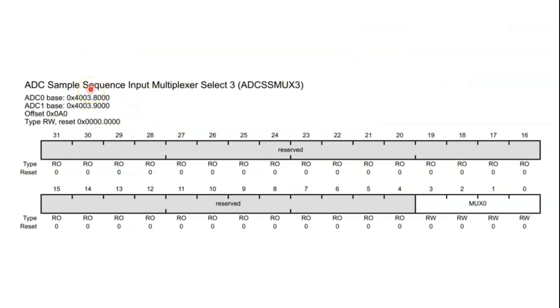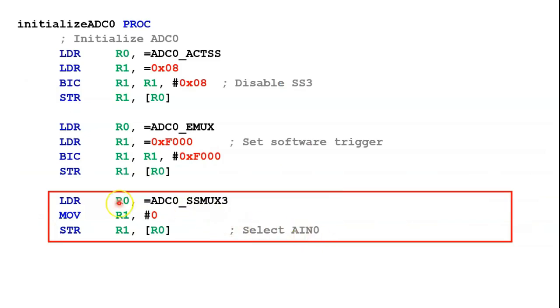Now the next register is the ADC sample sequence input multiplexer select 3 register, or the ADC SSMUX3. Right, so this register defines the analog input configuration for the sample executed with sample sequencer 3. And this register is 4 bits wide. This 4 bits here, bit 0 to bit 3. Now let's see how this is being used.